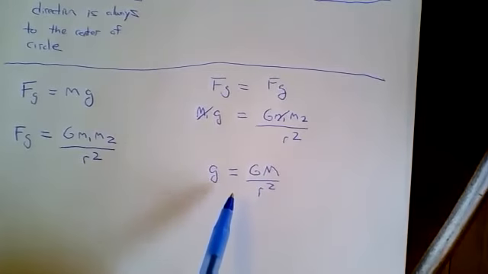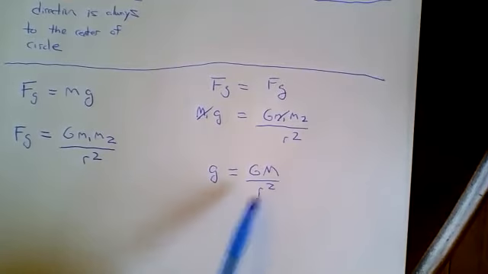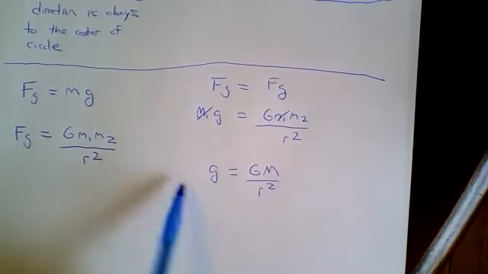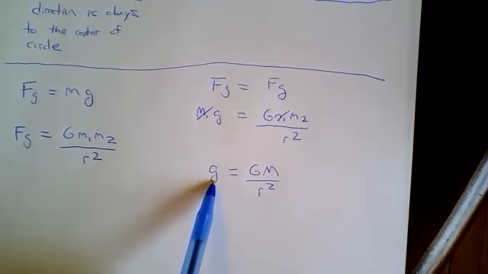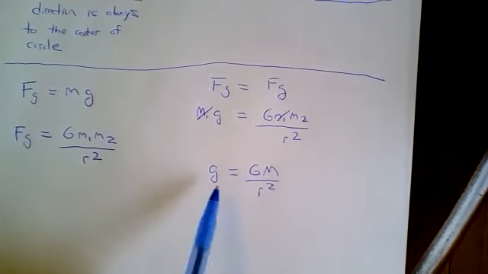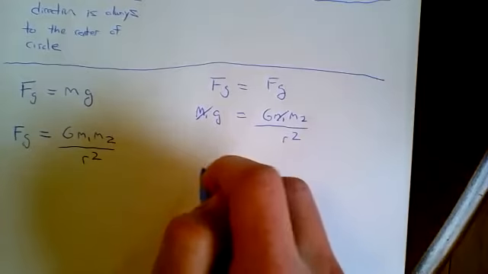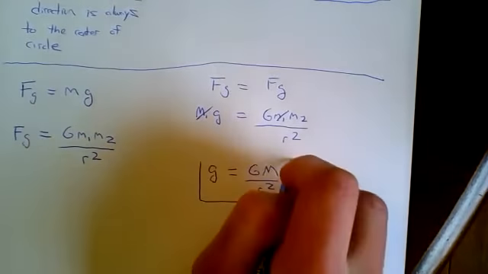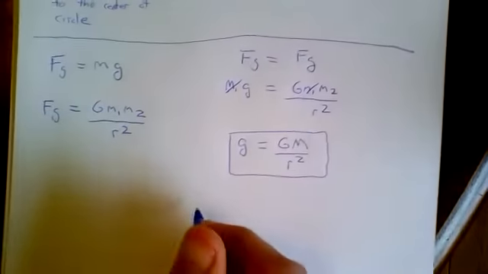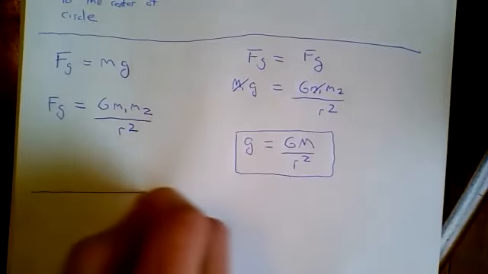So this would be used, for example, if it says, what if you were on a planet that was twice the mass of the Earth? What would be the acceleration due to gravity? And you could easily solve that with this formula. So let's put a box around that one. This one's really important. And then let's go on.